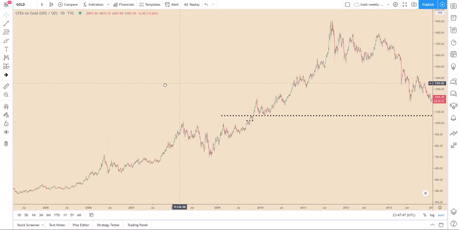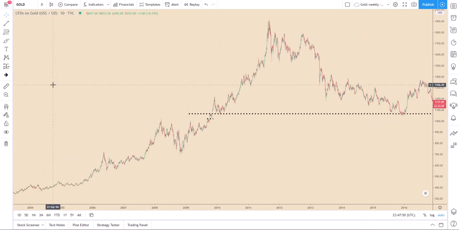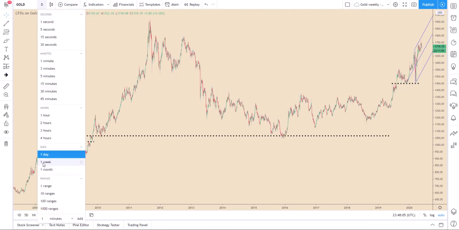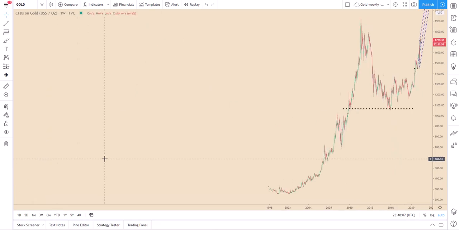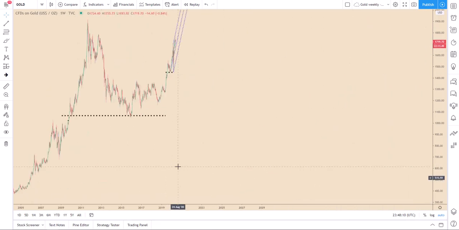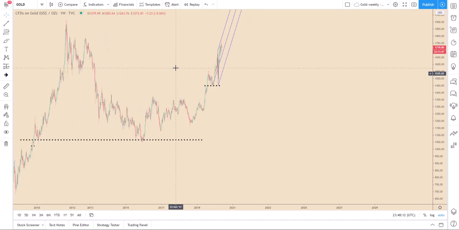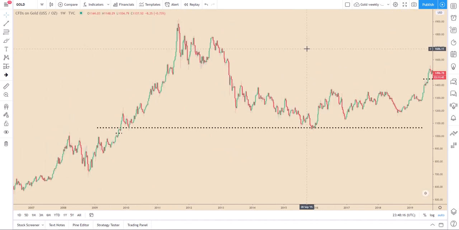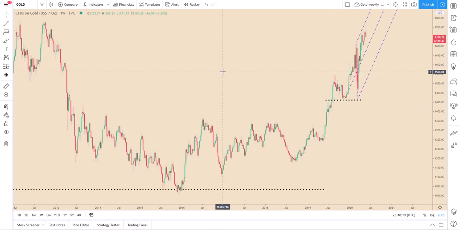This is our daily time frame, and we just looked at a significant horizontal price support and resistance level. And let's back up another time frame to our weekly. And so now we're looking at spot gold in the weekly time frame.